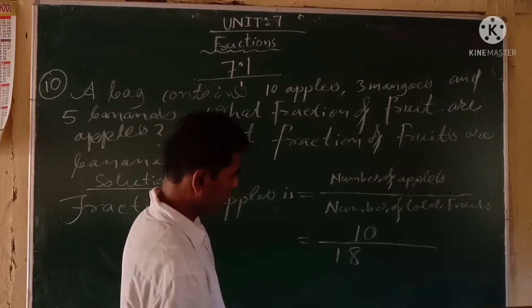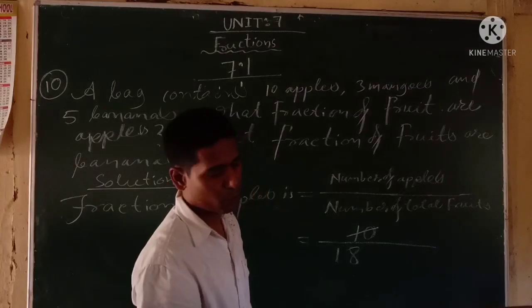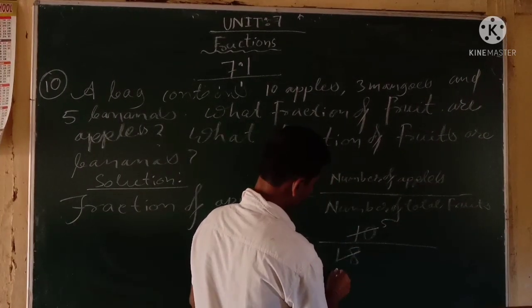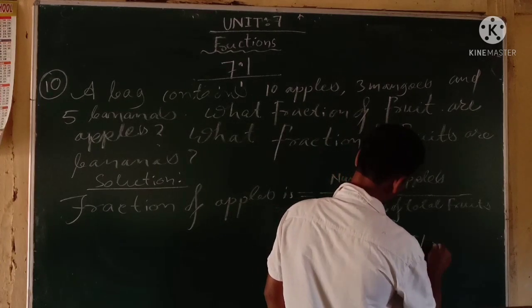Now if you want, we can reduce it to the smallest terms, and if you don't reduce, no problem. But if you want, 2 times 5 is 10, 2 times 9 is 18, so we can write 5 by 9.